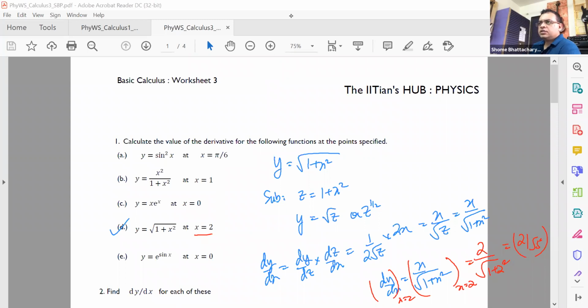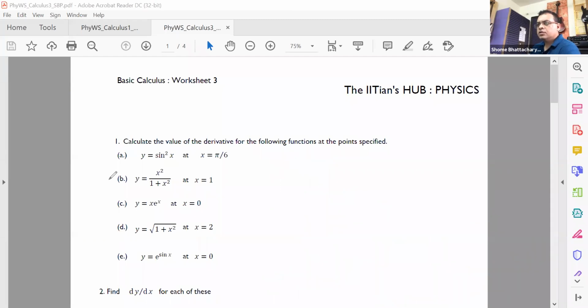Okay, now next, Soham, you have asked for 1b, and Arya, you have also asked to confirm the answer of 1b. So let's look at that. Maybe something is confusing about 1b. Here we have no option but to use the quotient rule.